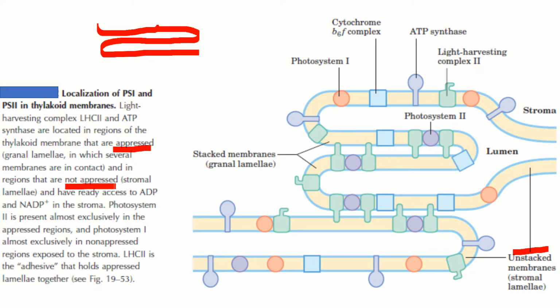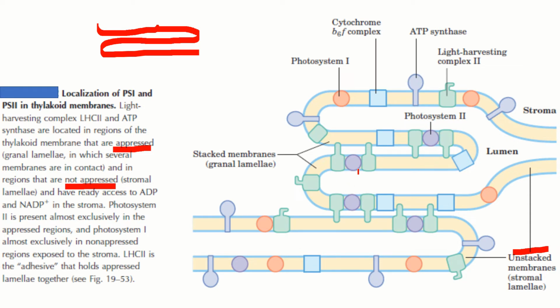So two types of areas are there on the thylakoids. Now this LHC, light harvesting complex 2, and ATP synthase are located in the appressed regions of the thylakoid. You can see here light harvesting complex 2 is there, ATP synthase is there, photosystem 2 is there.